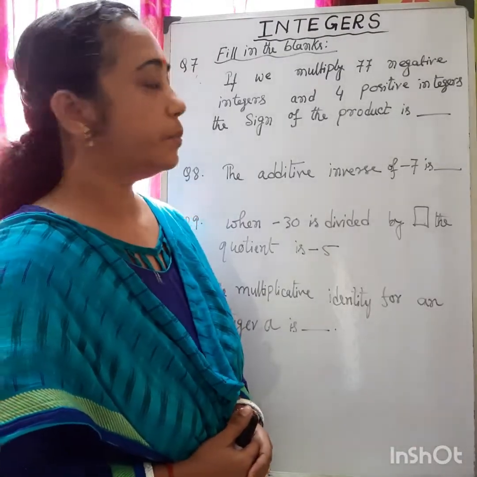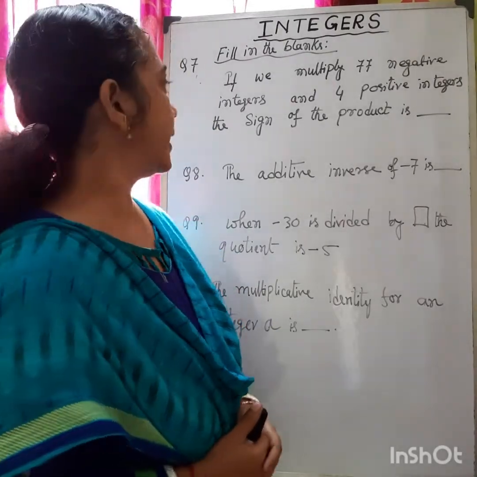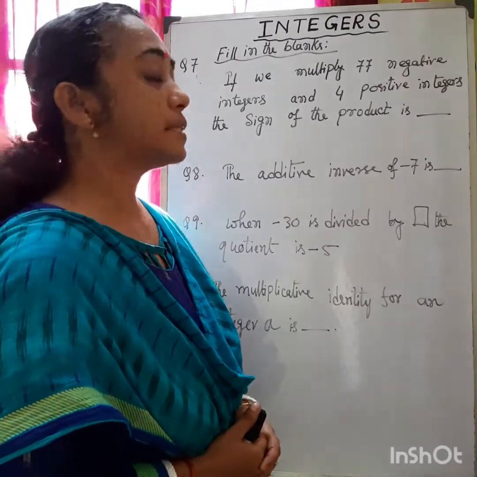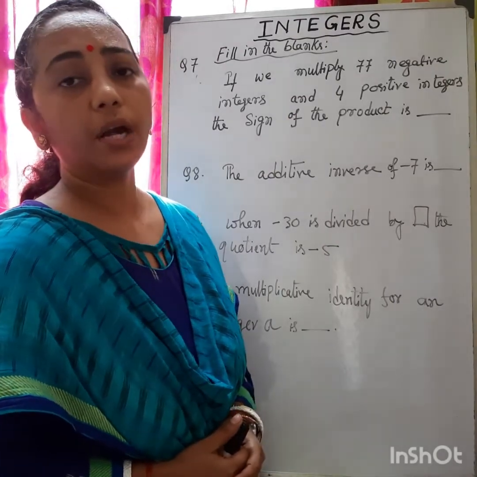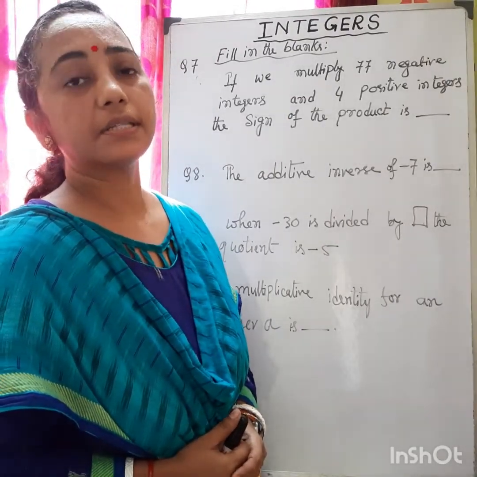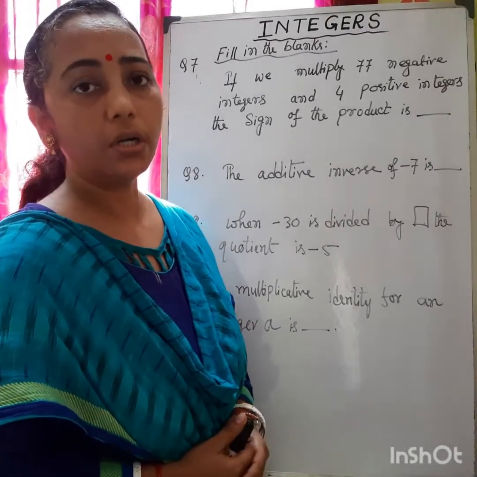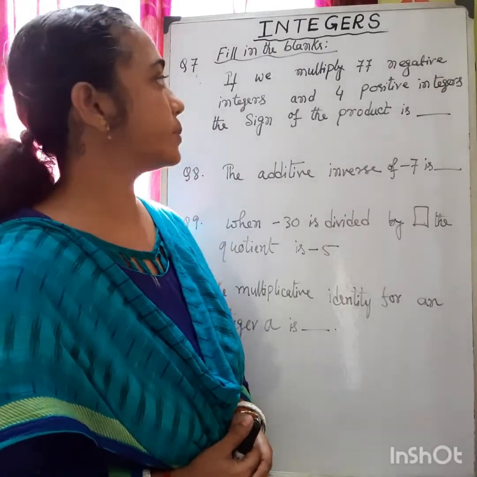Now let us do some fill in the blanks questions. If we multiply 77 negative integers and 4 positive integers, the sign of the product is what? If we multiply an odd number of negative integers, the sign will always be negative. As 77 is odd, the product of 77 negative integers will give a negative sign.